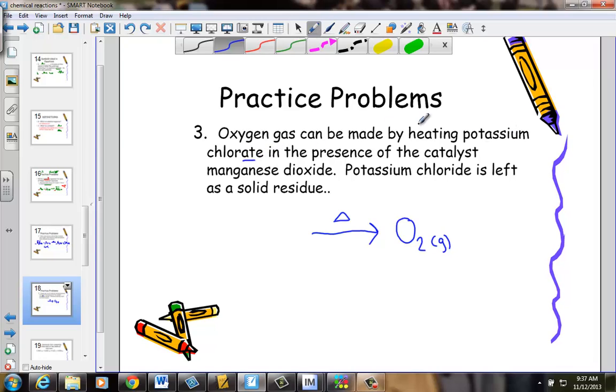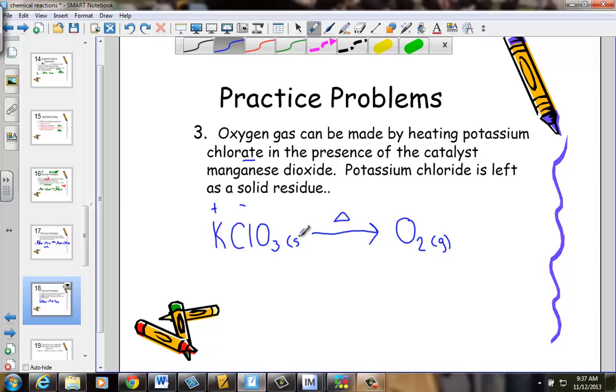Now if I'm heating potassium chlorate, it must be the reactant, the initial thing I placed in my test tube to start my experiment. Potassium carries a +1. The polyatomic ion chlorate, ClO3, carries a -1. Chlorate, KClO3 is potassium chlorate. It's what I'm heating as my initial reactant.